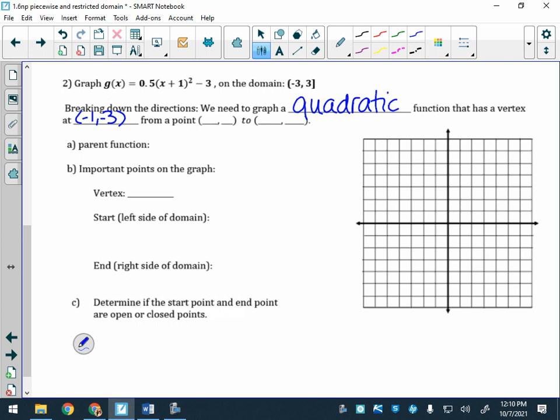Okay, (-1, -3) is our vertex. Now, we need to find from point -3, so this one's going to be open, to 3, which will be closed. So we have to plug in -3 to find what our corresponding y value would be. Okay, so take a minute to go through and see if you can figure out our y value.